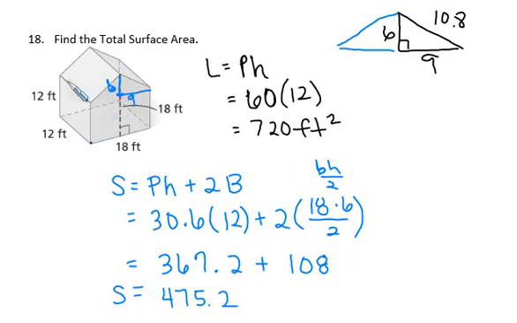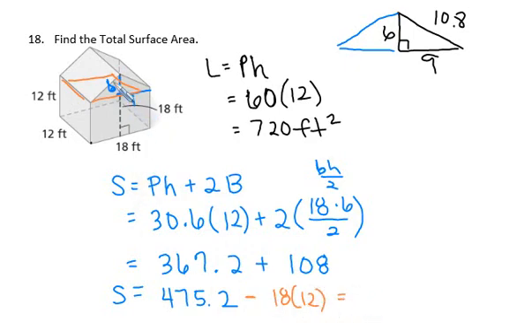Remember, we have this rectangle that's inside of the house that we will not be counting. So we need to subtract the area of that rectangle. So we're going to do that in orange. I'm going to put here minus length times width. So this rectangle right in here that's inside the house, the length is 18 and the width is 12. So we have to do 18 times 12.